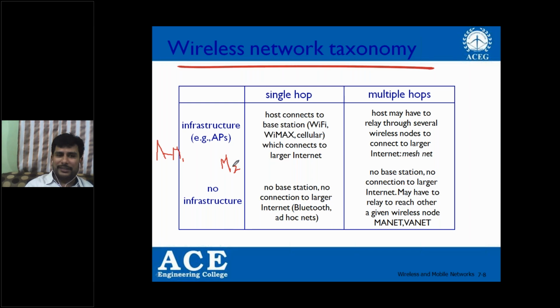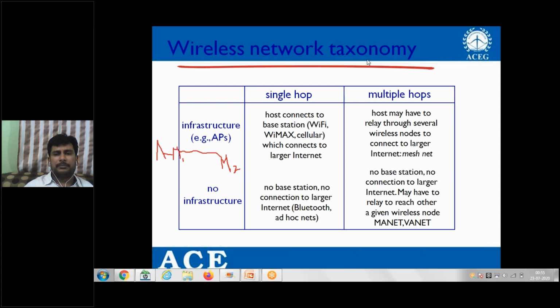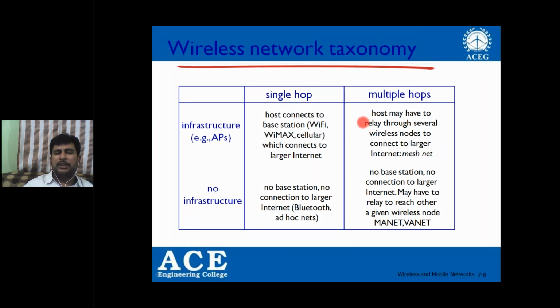So it tries to communicate with the help of mobile 1, and mobile 1 will connect to the base station. In that scenario, we will refer to it as multi-hop infrastructure mode.